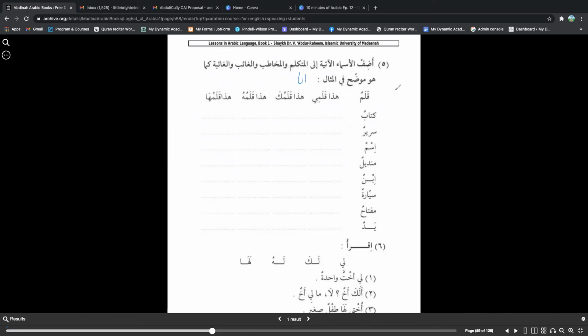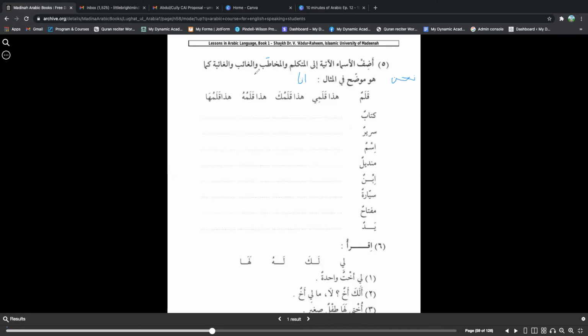Ana, also nahnu, we, would be mutakallimun, people talking. Whereas mukhatab is the one that's addressed. So the one being addressed is enta, enti, entum: you masculine, you feminine, you plural, you dual, kuma. Well, ghaib is the person that's absent.